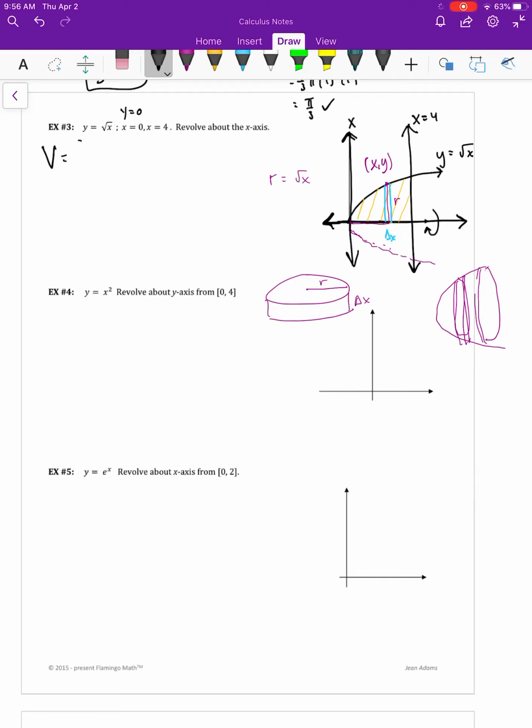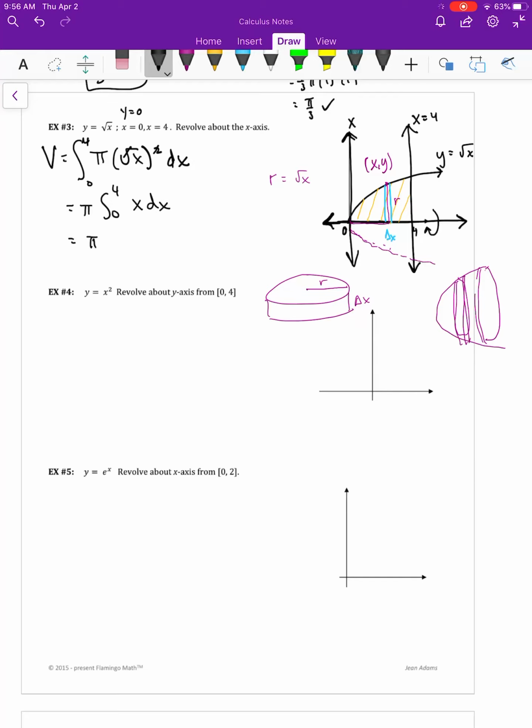So our volume, and we said it was in terms of x, so this is going from 0 to 4 in terms of x. Pi r squared times the height. So pi square root of x squared times the height. So I bring my pi in front, integrate from 0 to 4. My square root and my square go away, so it's just x dx.